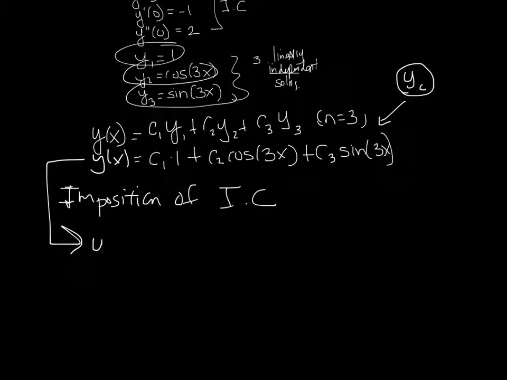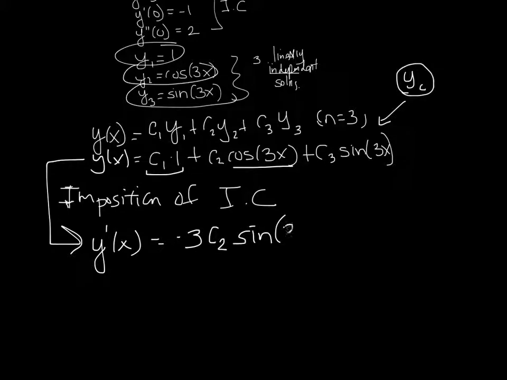And so y prime: the derivative of c1, which is a constant, is 0. The derivative of cosine 3x is negative sine times 3, so that's negative 3 c2 sine of 3x. And then we have 3 c3 cosine of 3x. I'm using the chain rule.